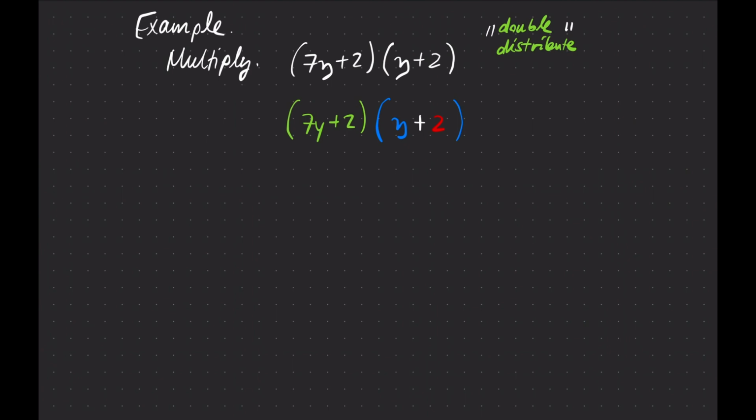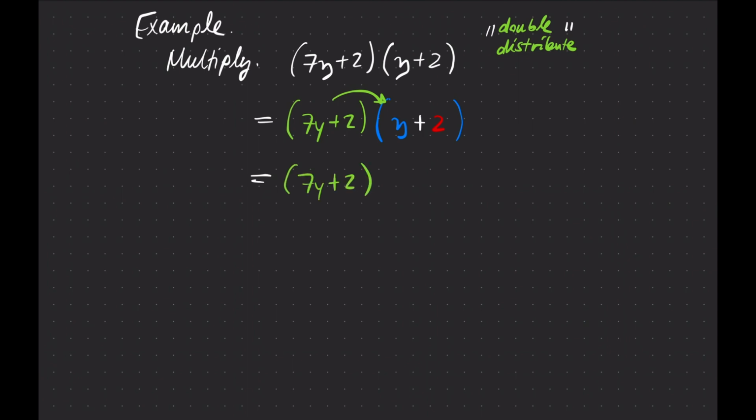So if I take my green number on the outside, I'm going to multiply it in by both terms. So here, I'm going to start by, like I said, treating this first number like one whole number. This whole green number, I'm going to multiply it in. So to get green, we're going to multiply in 7y plus 2 times y first. Get us a new equal sign, and then down here we'll say this is the same as 7y plus 2.